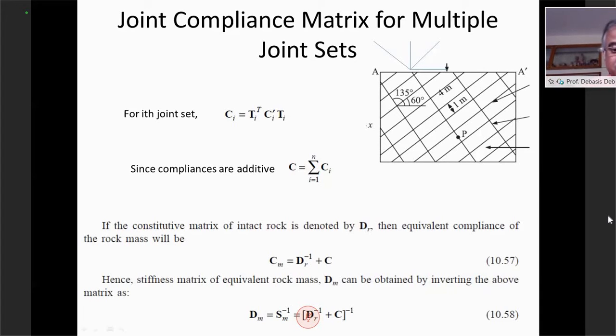So first you have to calculate this D, then those values have to be entered into the software. In ANSYS there is a provision that if it is an anisotropic property, you have to type those values. In order to type those values, you first have to calculate them through this process, and only then will you be able to apply them.